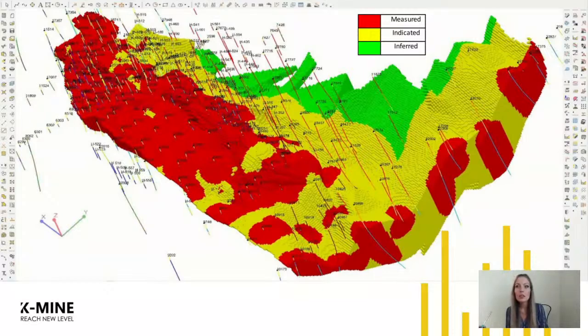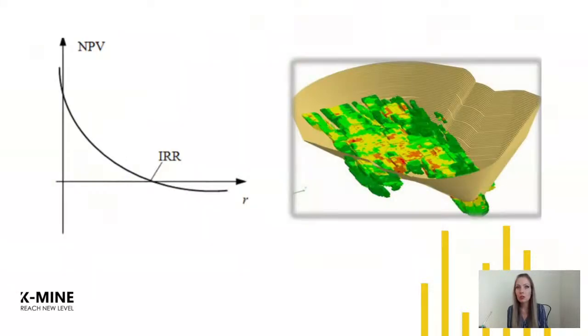On the basis of the block model of the deposit, in addition to a general estimation of the amount of metal, it is possible to predict the amount of resource that will actually be extracted from the subsoil. So using our pit optimizer model, you can create a final pit.